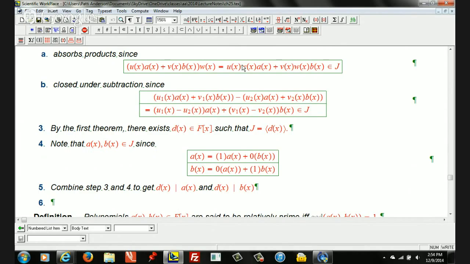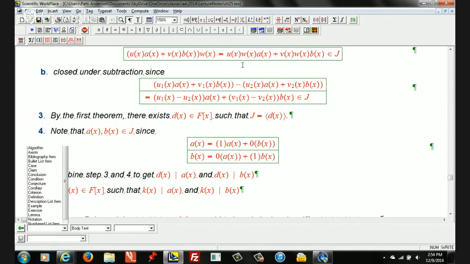So let k of x be in F such that k of x divides a of x and k of x divides b of x. What does that tell you?